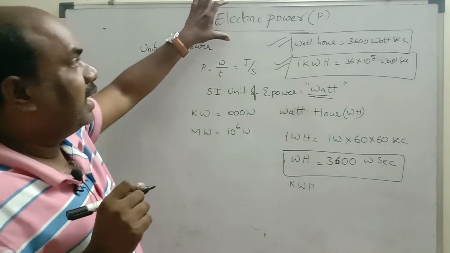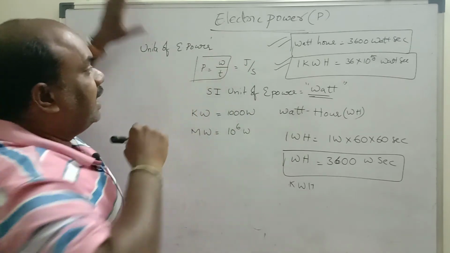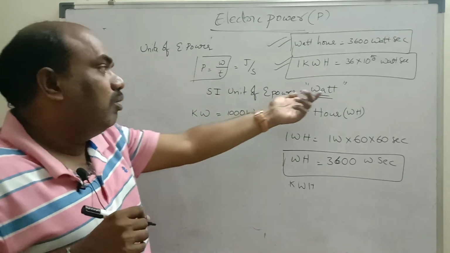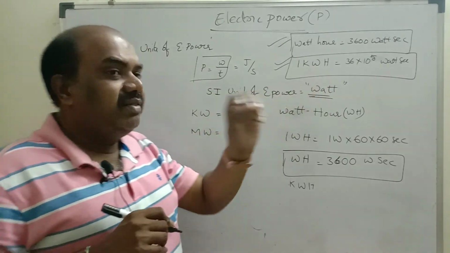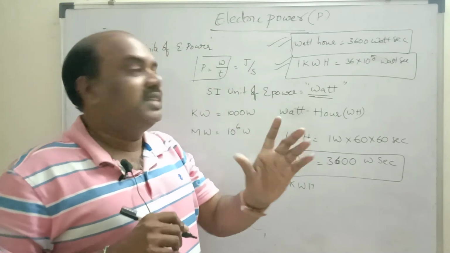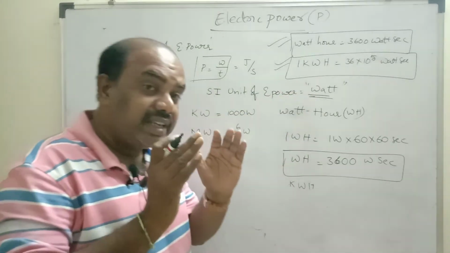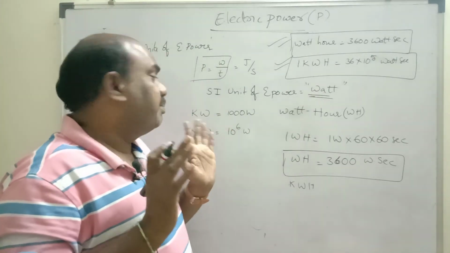Once again, electric power. The rate of doing electric work is called electric power. Electric power unit is joule per second, or the SI unit is watt. Generally, watt is a very small unit like grams in masses. So generally we measure kilowatts and megawatts. If you see your mains, kilowatts and megawatts will be present.